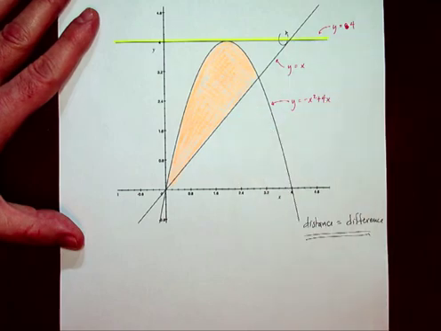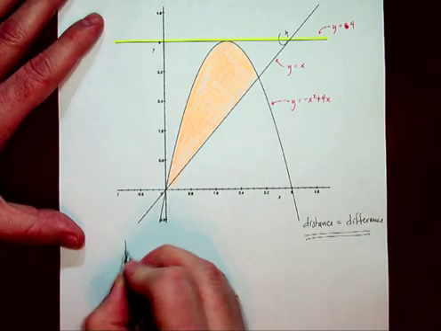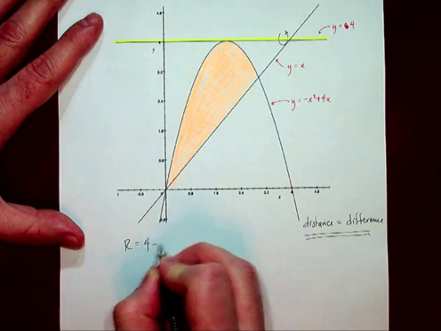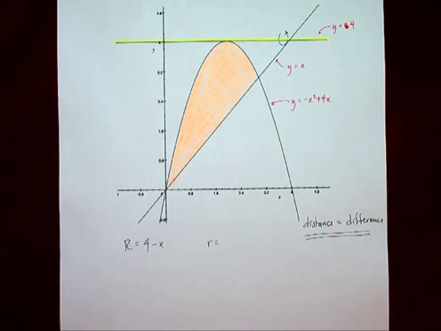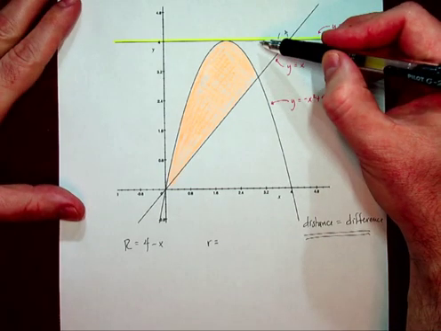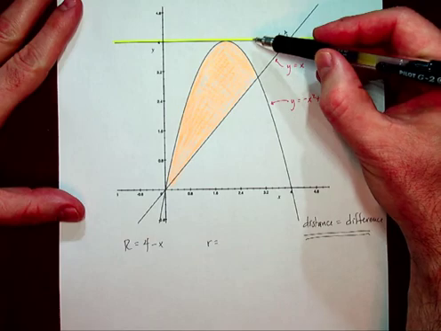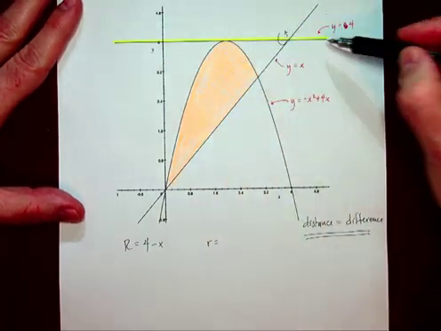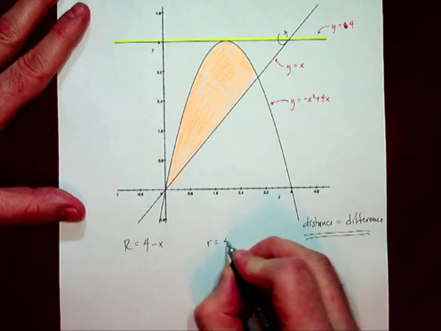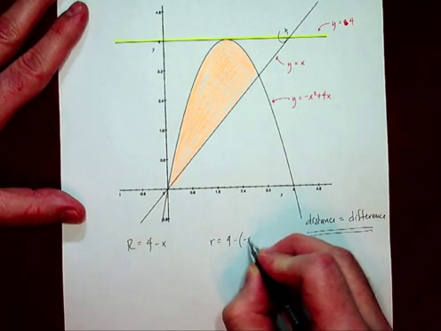So your big R in this case is 4 minus x. Your small r is going to be the same principle. It's going to be how far is this curve away from y equals 4? Well, we just subtract.